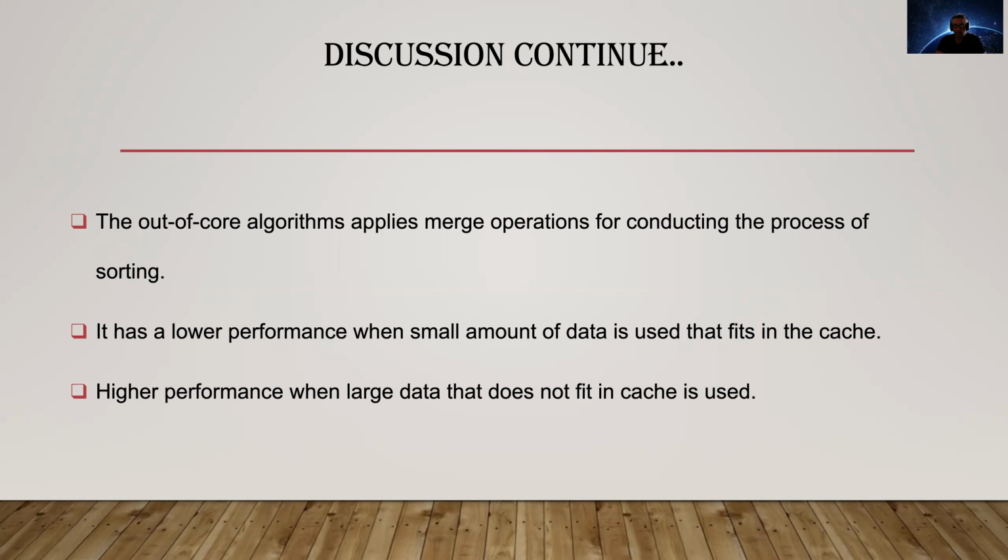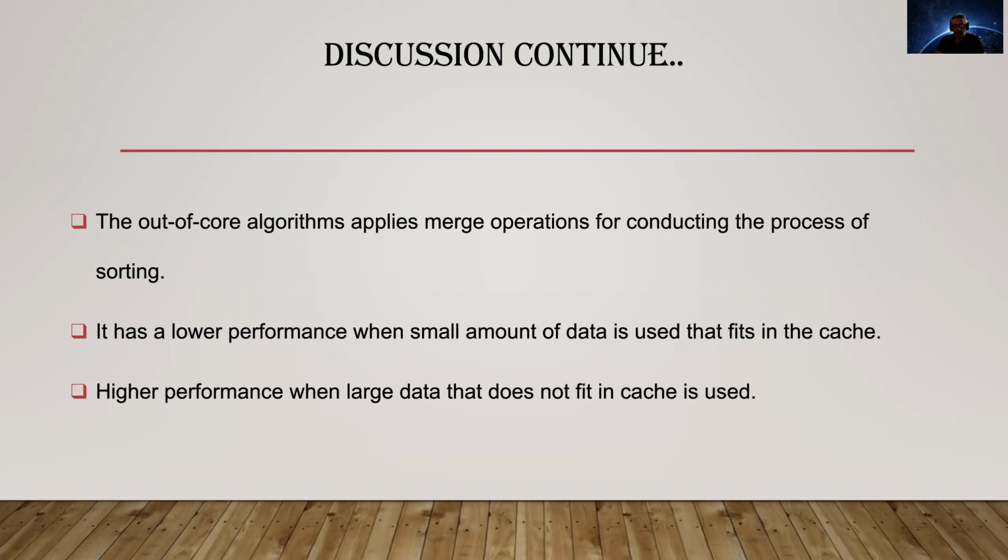However, the out-of-core algorithm has lower performance than the in-core algorithm when given a small amount of data that can fit within the processor cache. It achieves high performance when data doesn't fit the processor cache.